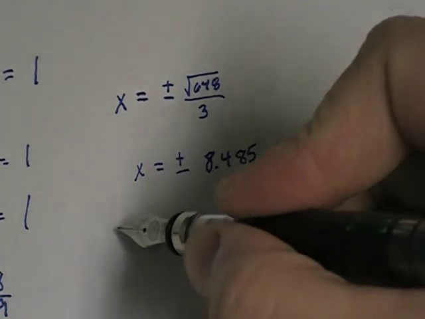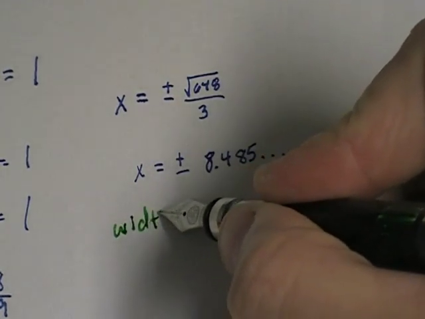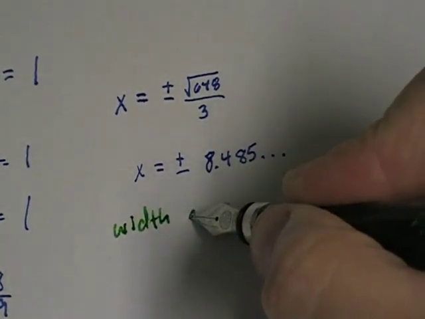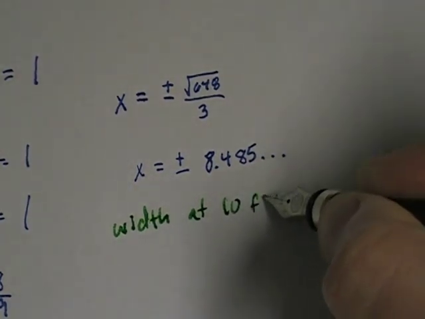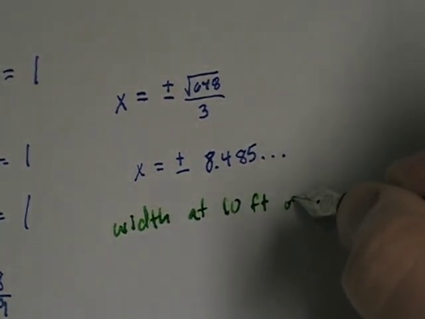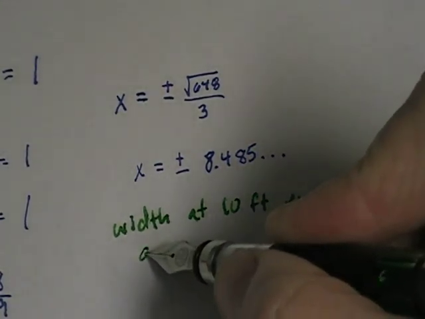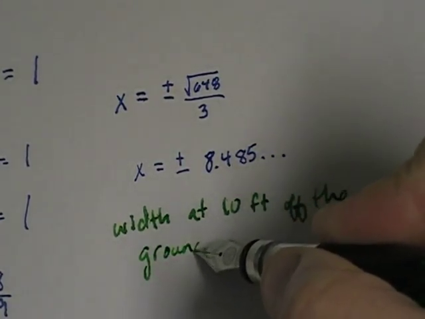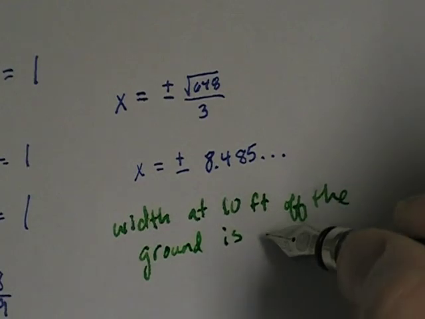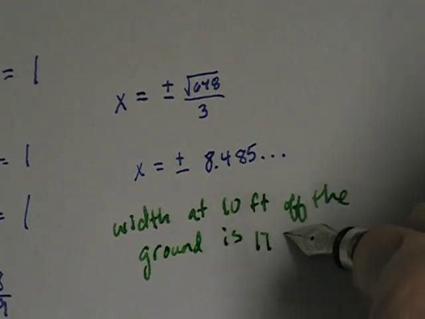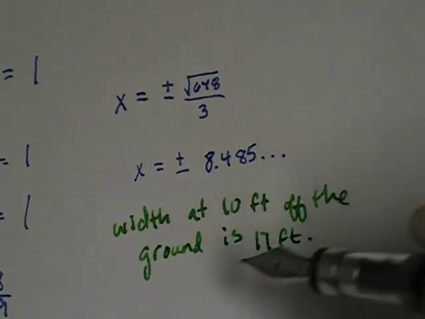So we'll say the width at 10 feet off the ground is 17 feet.